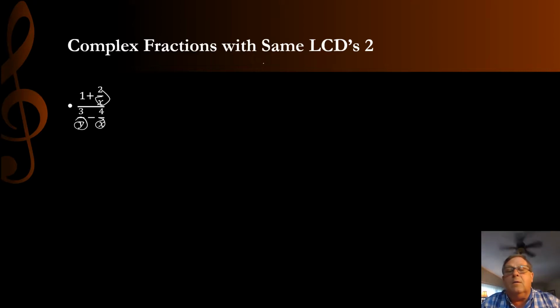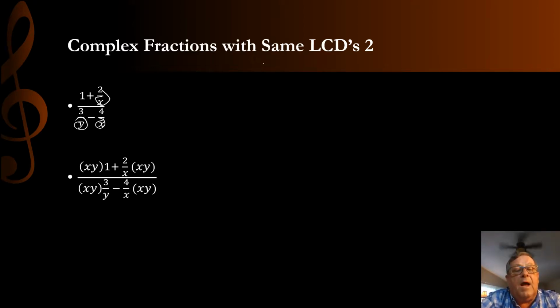And so we have xy times 1 plus 2 over x times xy, divided by xy times 3 over y minus 4 over x times xy.